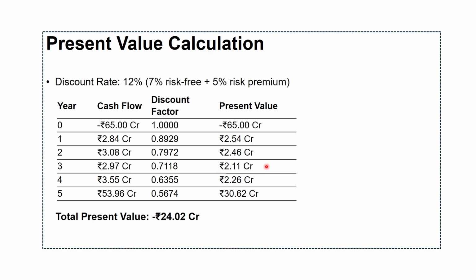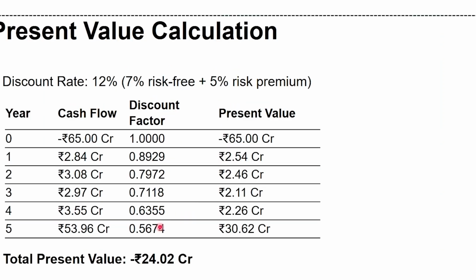So, the total present value of all cash flows sums to negative 24.02 crores, indicating that this investment destroys value at the current asking price. So, after taking into account the discounting factor, we are getting a total present value of minus 24.02 crores.